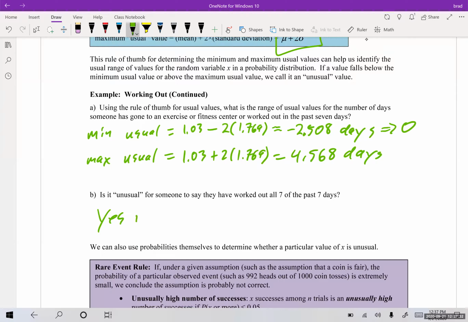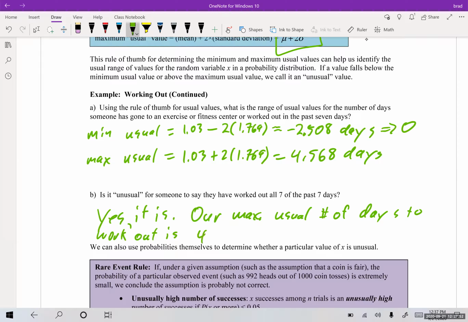Yes, it is. Our maximum usual number of days to work out is 4.568 days. So if they say they've worked out 7 days a week, that is unusual based on the data we have.